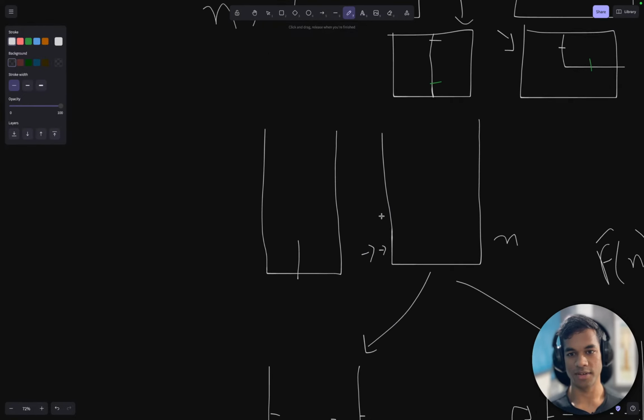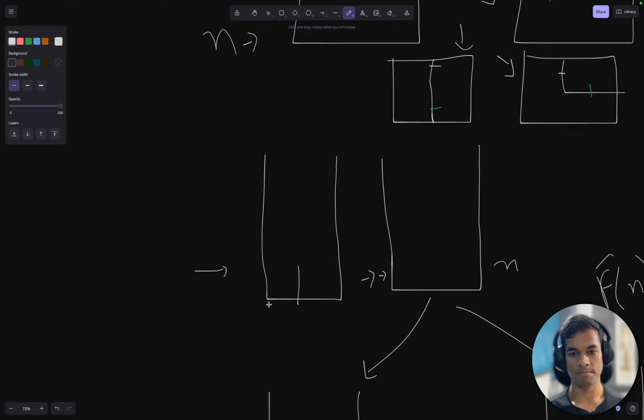Okay, I guess breaking the choices down at the level of a singular line is not pretty cool.